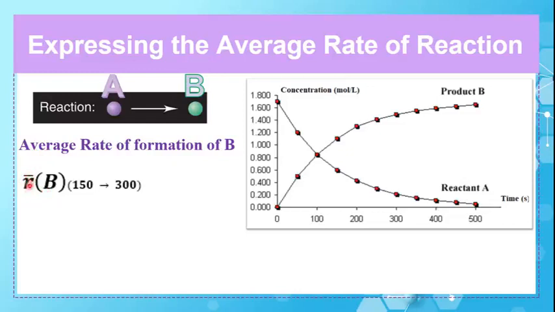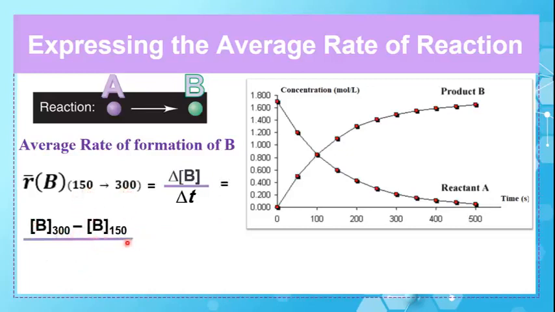So this is the average rate of formation of B, since it is a product, between the instant 150 and 300 seconds, is equal to delta concentration of B over delta t, equal to the concentration of B at t equal 300 minus the concentration of B at t equal 150 over t2 minus t1, equal to 300 minus 150.